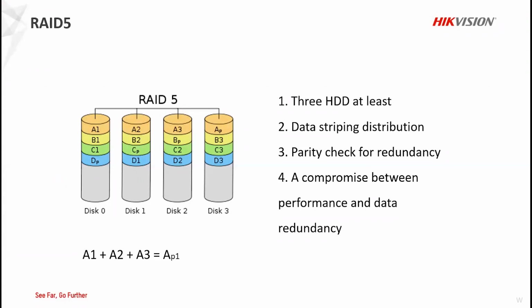But RAID 5 is the perfect balance between performance and data redundancy. If you still want performance, and at the same time you want redundancy, you can go for RAID 5. In a RAID 5 setup, at any given time, up to 1 hard disk can fail, and you can swap it and rebuild the RAID array without any problem.